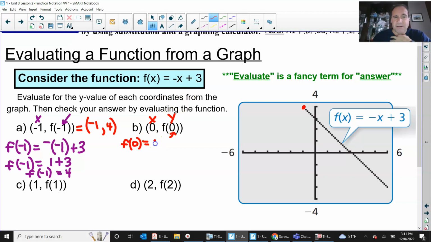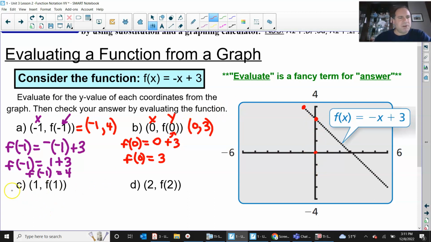So we're going to put 0 because we're substituting the x in as 0, plus 3. So f of 0 equals 3. So we're going to rewrite this as 0, comma 3. And let's just look at the graph. We're going to see right here, this is 0, and here's 3. The y is 3 when x is 0.